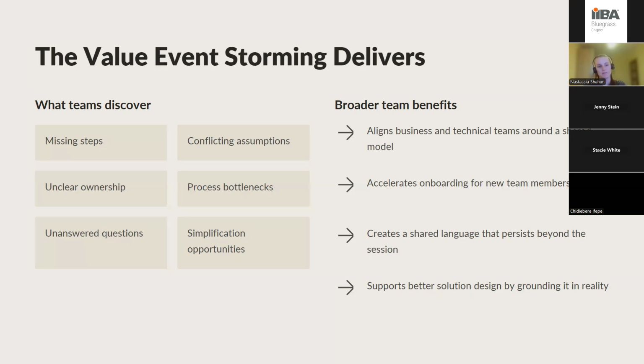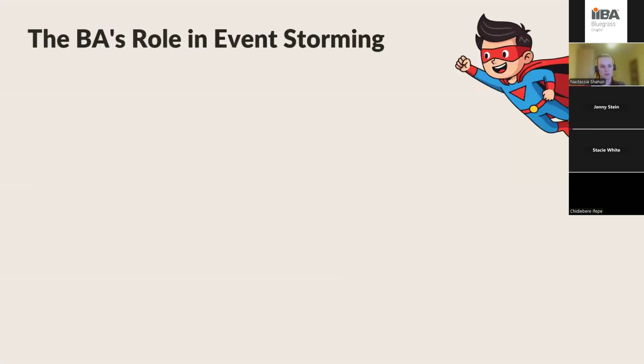So when saying this, it brings us directly to the BA role in all this process. You can see the hero. I try to picture us as heroes because when we try to implement and deploy this technique in real life, our role is much more than documented in the workshop.